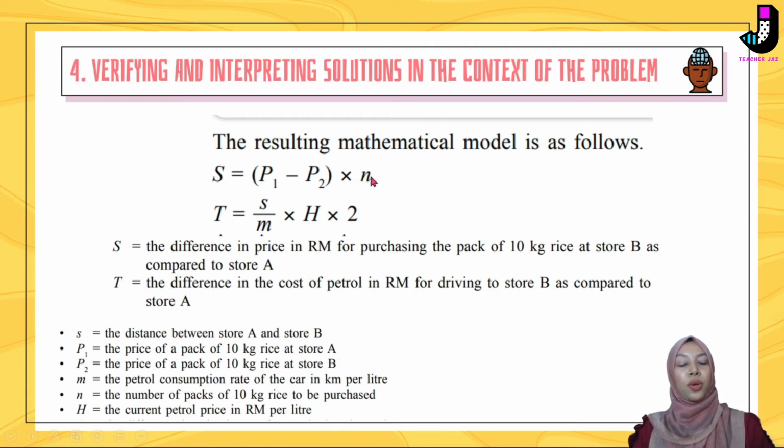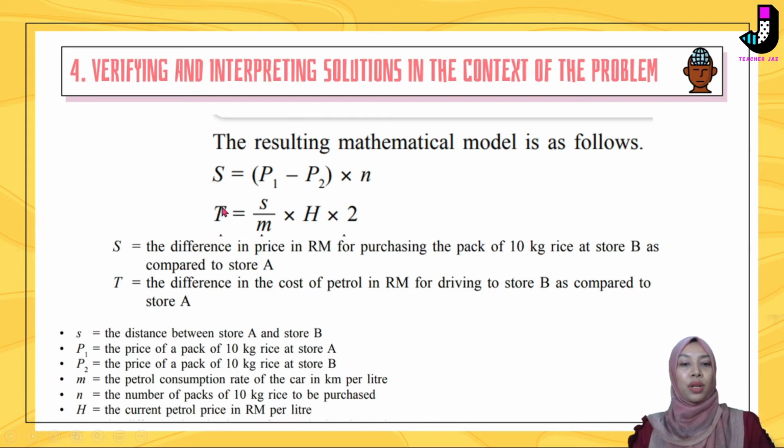But now when you are using from the example, you're going to do the mathematical model macam ni. Okay, so that you can try any other values. Adakah ini sesuai? Alright.